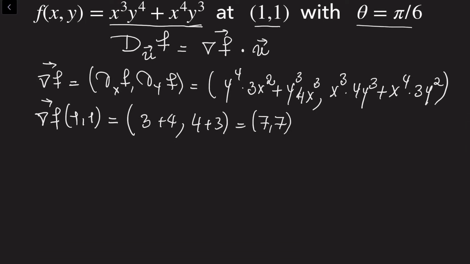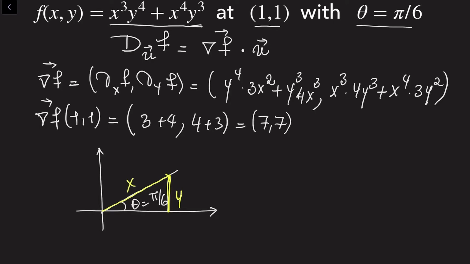So the unit vector. In order to do this, let me draw the coordinate system. This angle theta is given as pi over 6, right? So we need to figure out the vector in this direction. In order to do this, I can make the triangle, right? I know the ratio of the opposite to the adjacent. Opposite to the hypotenuse is going to be equal to the sine of this angle, right?